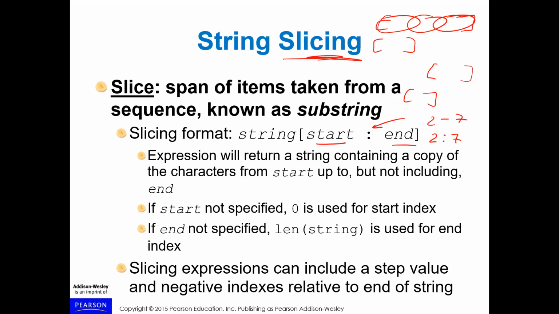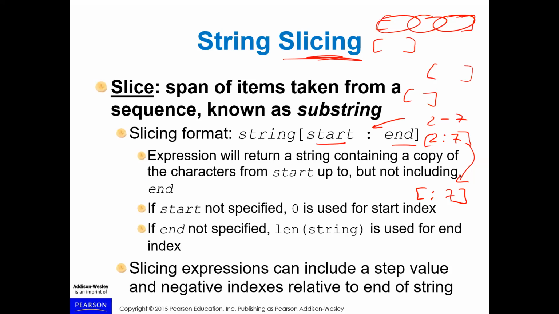You don't always have to define the index position. Instead of 2 colon 7, you can do colon 7, with nothing before the colon. Basically, if start is not specified, then 0 is used to start the index, so it starts from the beginning.